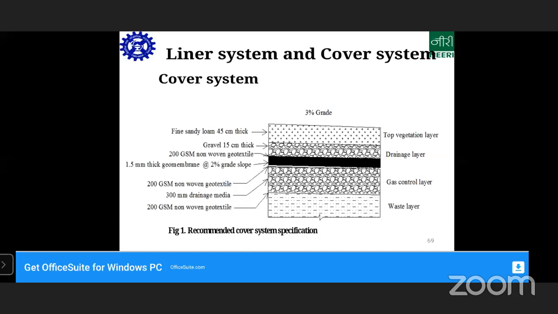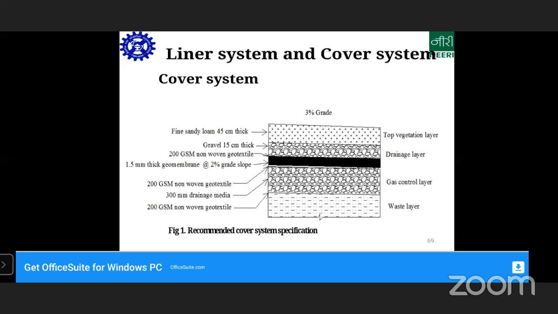A GSM layer, mainly a separation layer, and then a drainage layer, because whatever water comes in flows through the drainage layer and doesn't get mixed with the waste. That is a major reason for that. Then you have a geomembrane, then a gravel layer, and on top of it a fine loamy sand layer, or a vegetation layer. So these are the components of a cover system.